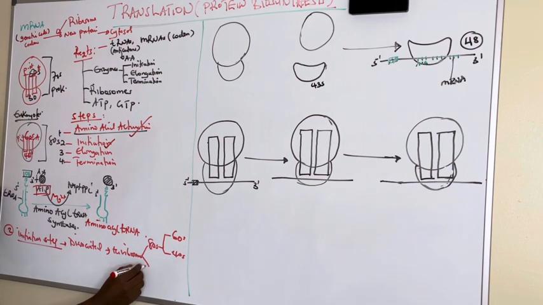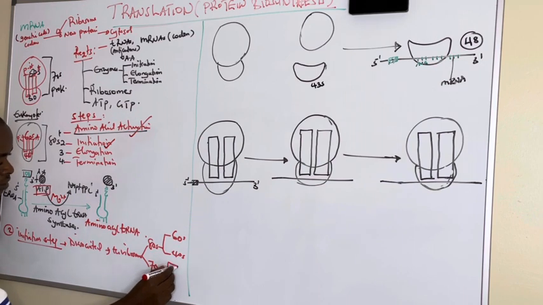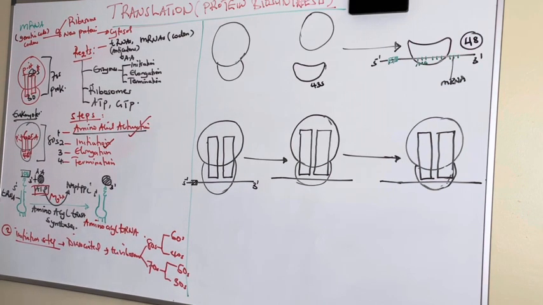In prokaryotes, we see 70S dissociating to give 50S and 30S ribosomal subunits. So this is the first step under initiation.